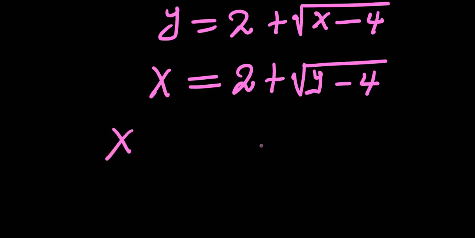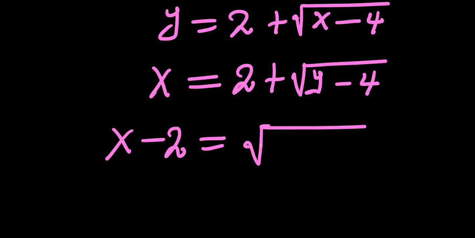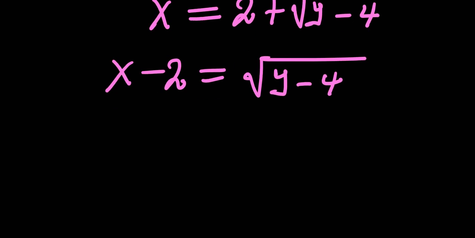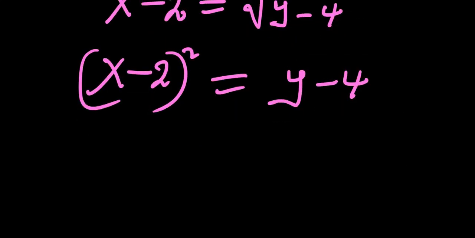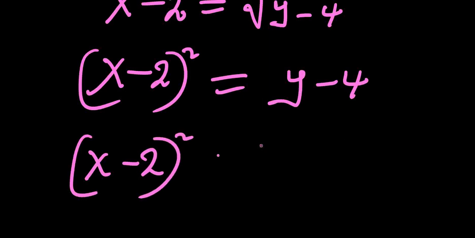So once that happens, we're going to have x minus 2 is equal to the square root of y minus 4. Now, to eliminate the square root symbol from the right hand side, we are going to square both sides. So once that happens, we're going to have x minus 2 squared is equal to y minus 4. So next, we are going to add 4 to both sides. So x minus 2 squared plus 4 is equal to y.